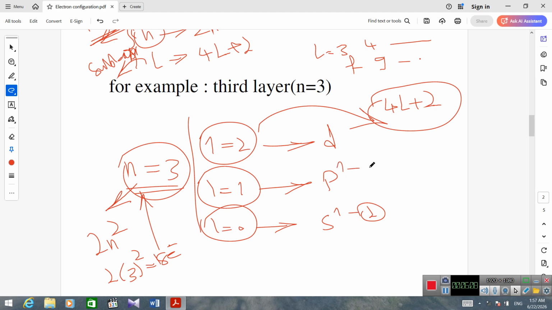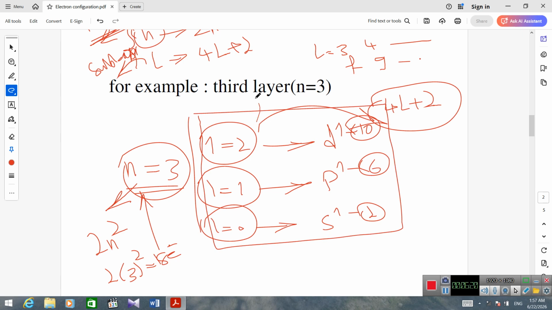For p will be 6, and for d will be 10, and the total of these numbers, 10 for d plus 6 for p plus 2 for s, is equal to 18.